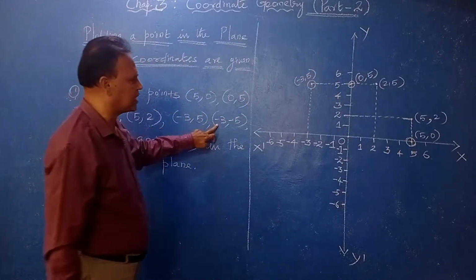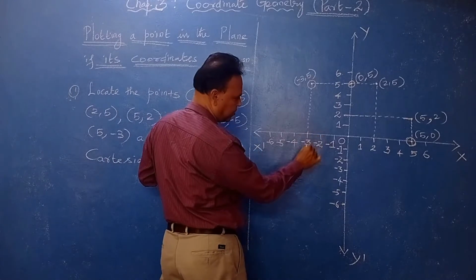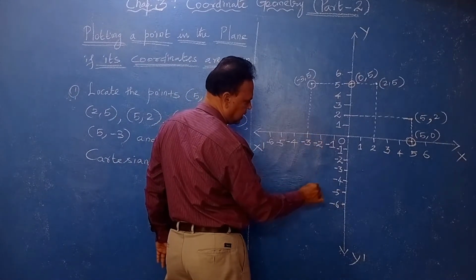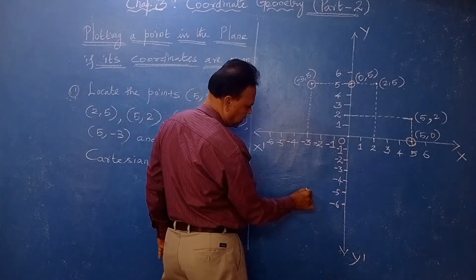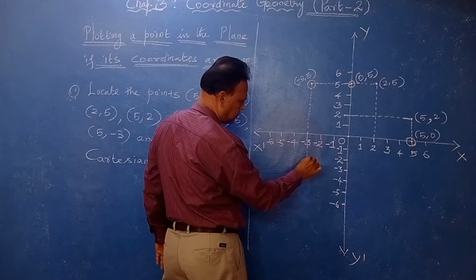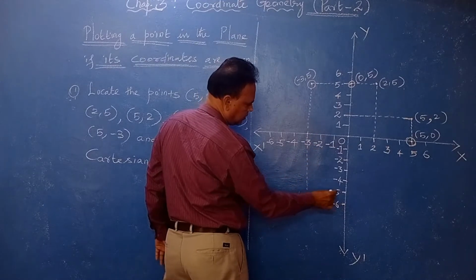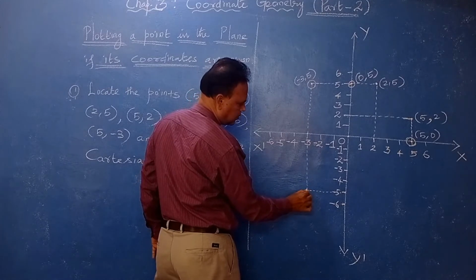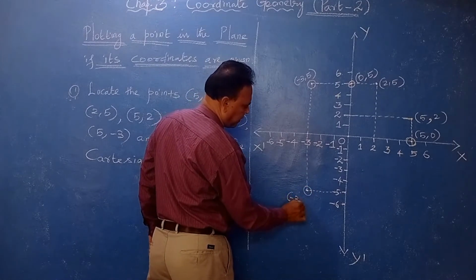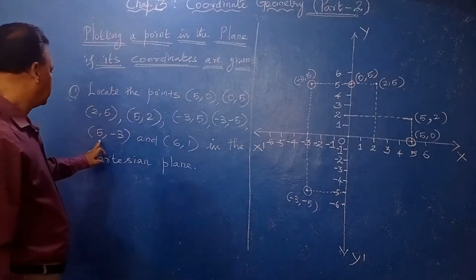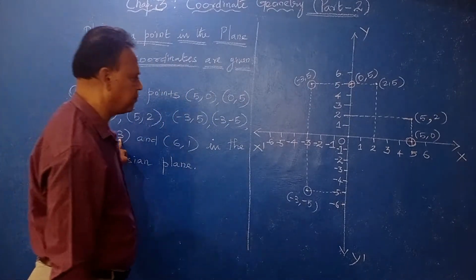Then (-3, -5). Then -3 here, -5 here. X axis -3, y axis -5. This point is (-3, -5).